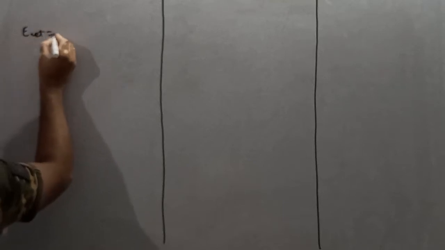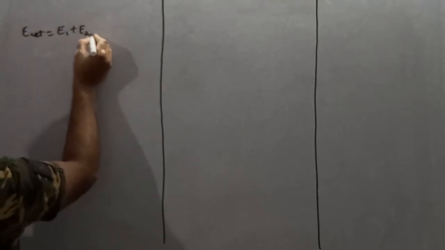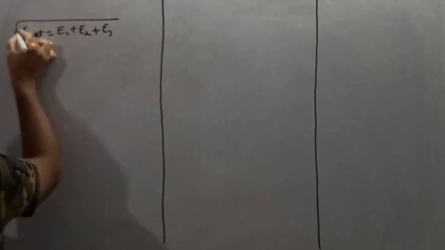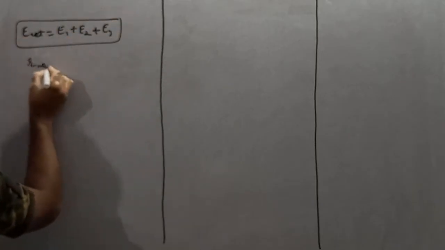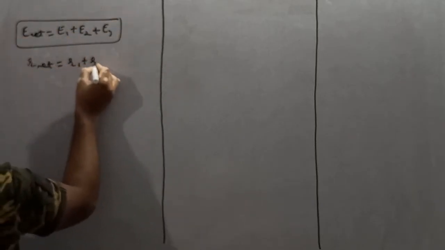So in series combination, what we see is the net EMF is increasing and it equals E1 plus E2 plus E3, but along with net EMF, internal resistance is also increasing.